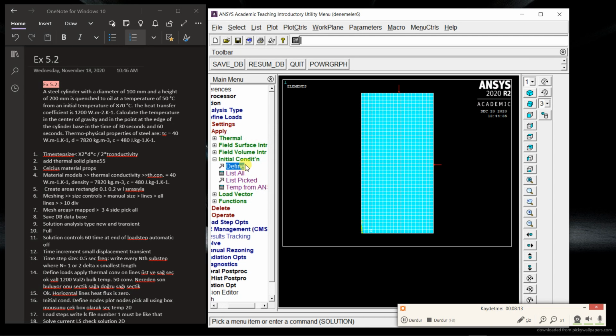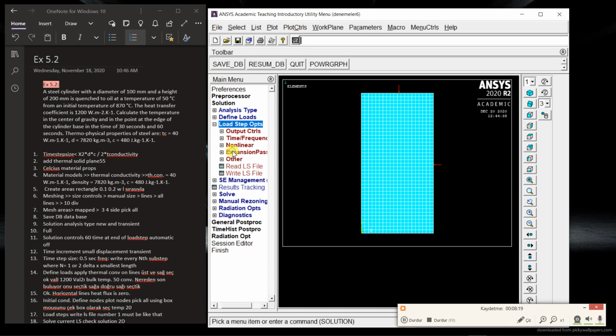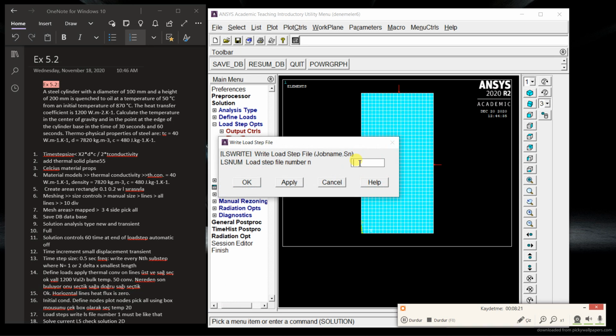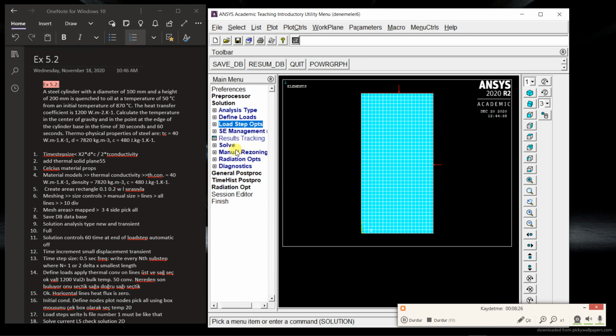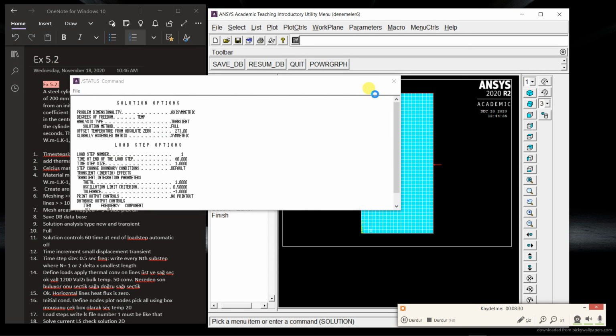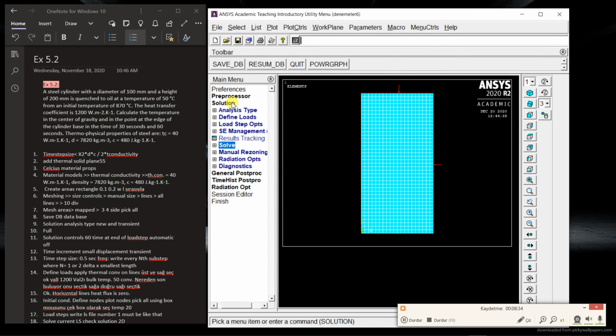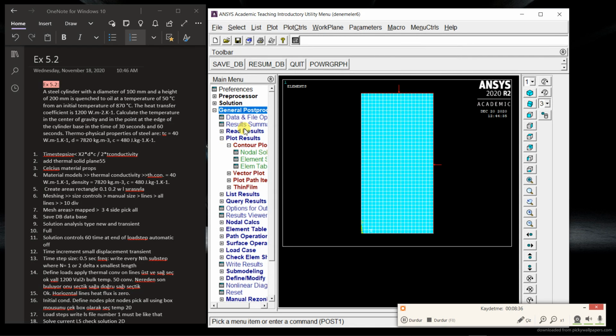That's it. Okay. So now write LSSOLVE. So you can just pick the one load step for these basic questions and then solve current LS. That's it. It's okay, and it's solving. Yeah, okay, here is our solution is ready.